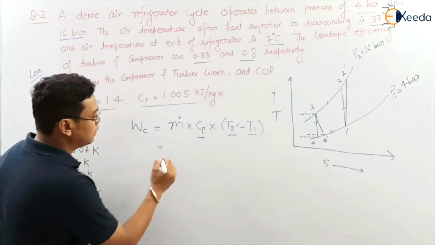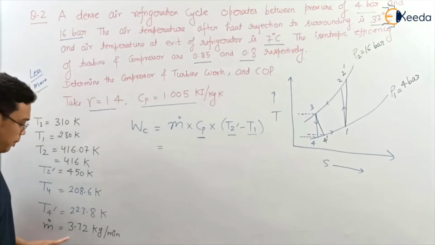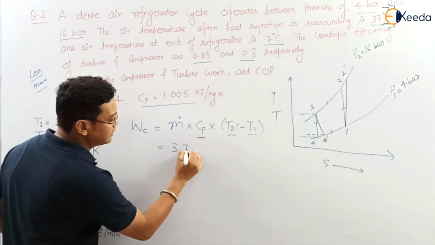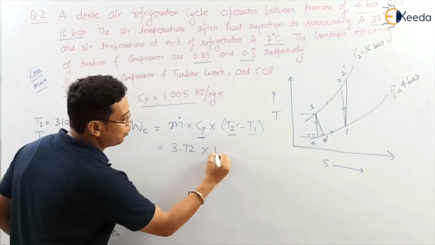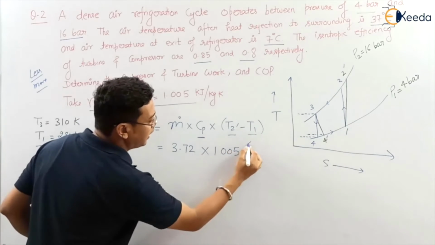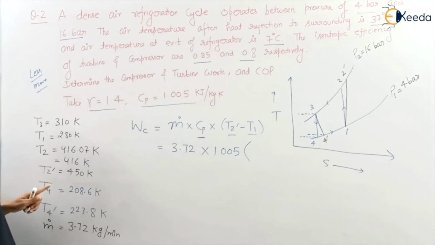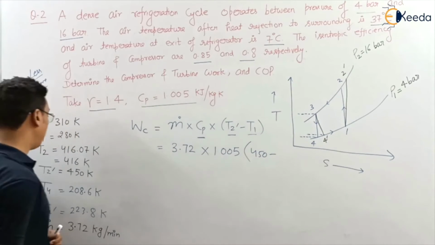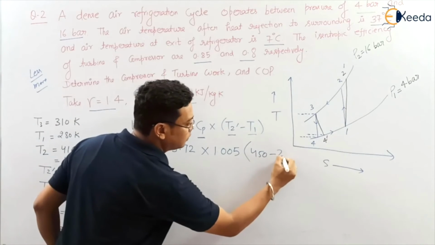compressor work, the mass flow rate I have calculated is 3.72 kg per minute. 3.72 into Cp, you know, 1.005, into T2 dash, 450 Kelvin, minus T1, 280 Kelvin.